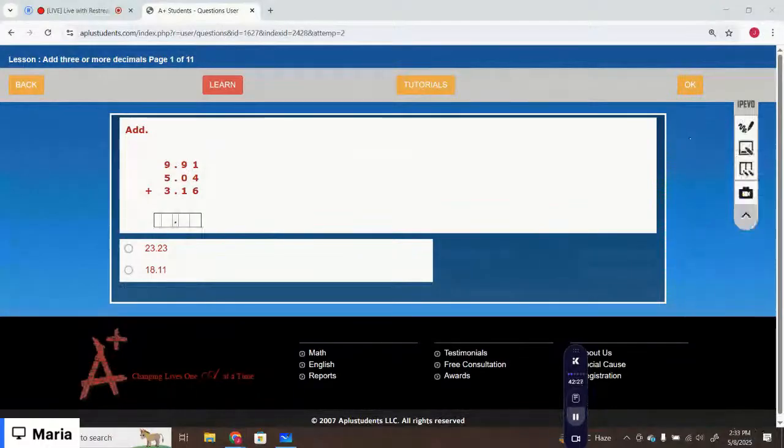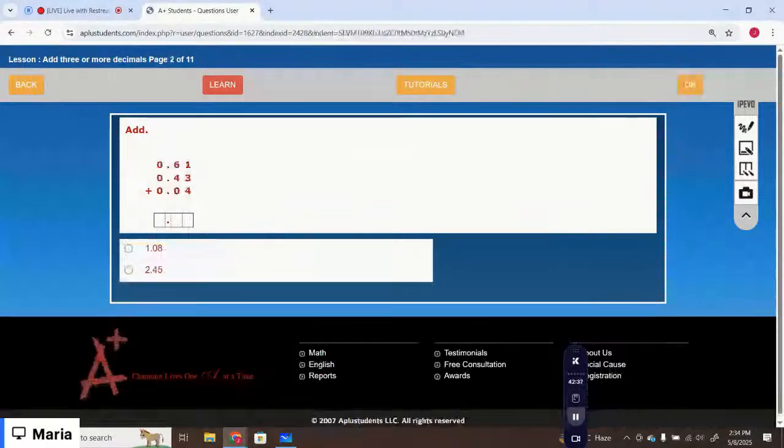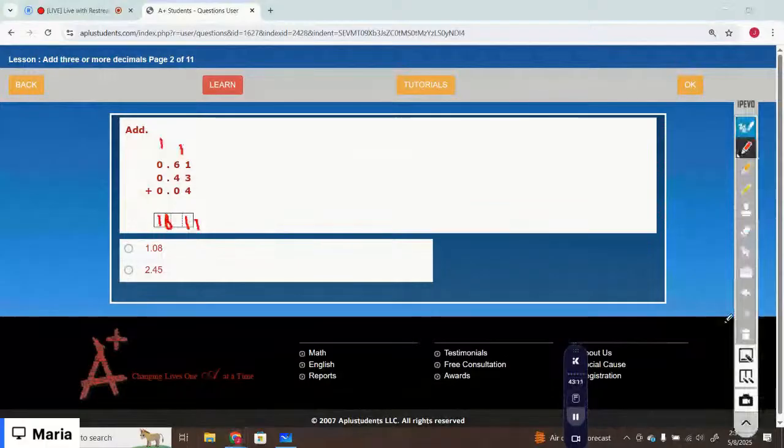Option number 2 is the correct option. That is 18.11. Next, 0.61 plus 0.43 plus 0.04. 4 and 3, 7 and 1, 8. 6 and 4, 10.